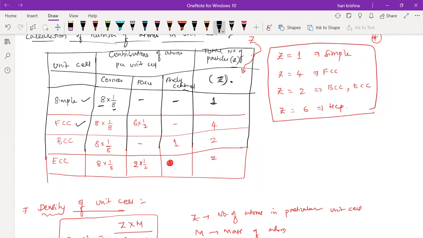What about BCC? 8 into 1/8 plus 1 into 1, 2. What about end centered? 8 into 1/8 plus 2 into 1/2, sir, 2. Again 2. So HCP.